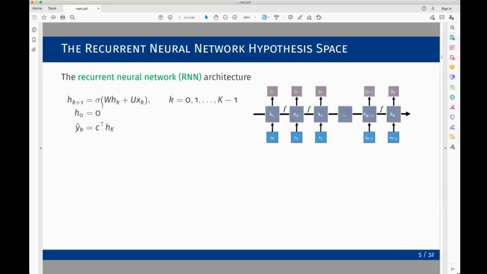The hidden state hk follows this kind of dynamic system. We apply a linear transformation W on the previous hidden state, and apply another linear transformation of the input signal with matrix U, and then we apply an element-wise nonlinear activation sigma.